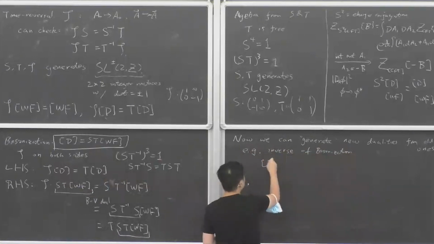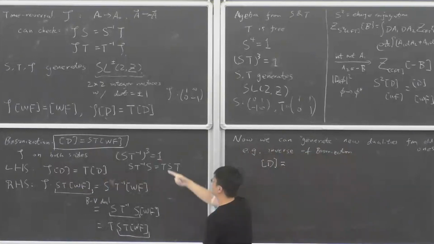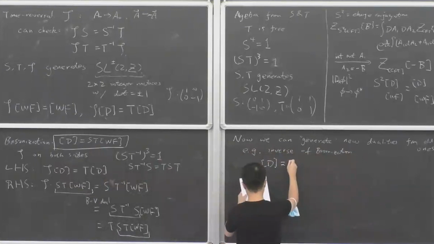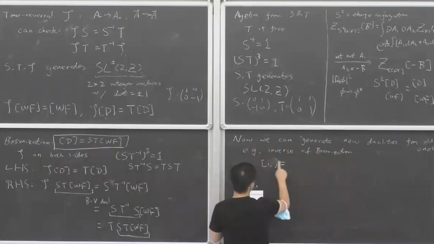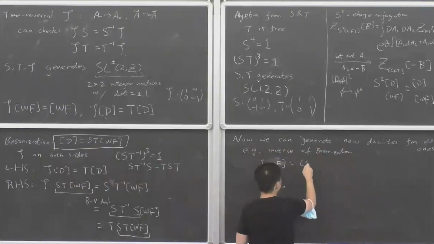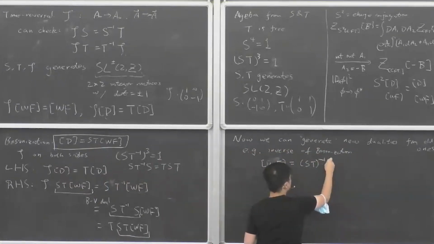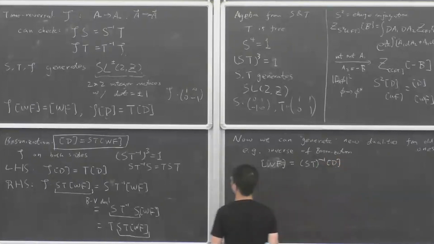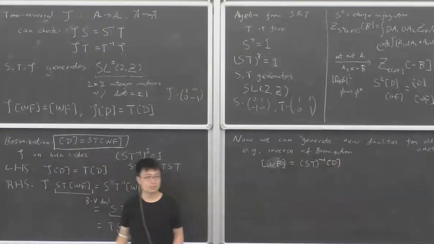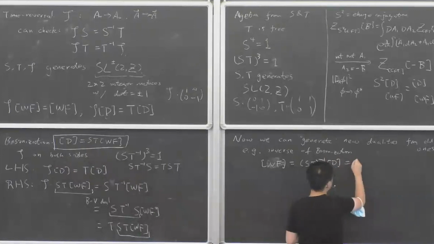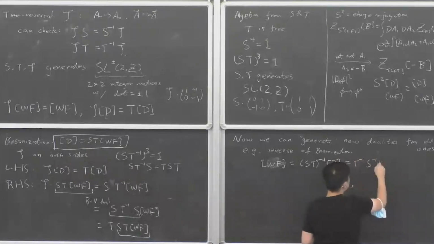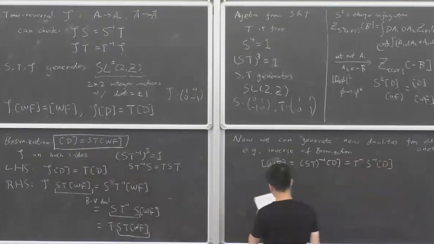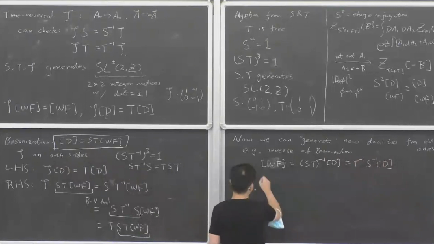So D should be, well, take the inverse of that one. That gives me, sorry, the Wilson-Fisher should be ST inverse of D. Right, just moving this to this side. But of course, that's T inverse S inverse D. And then you can unpack it. Right?